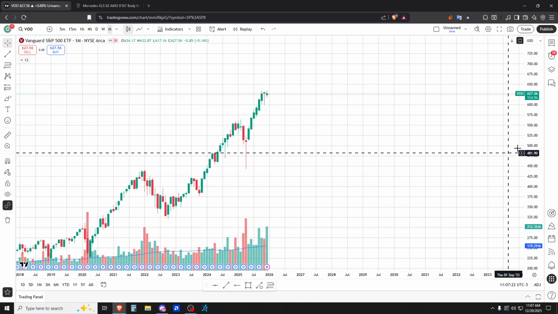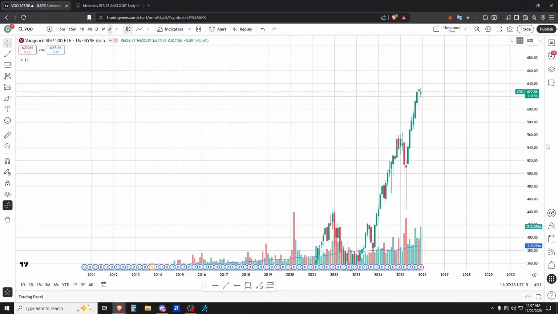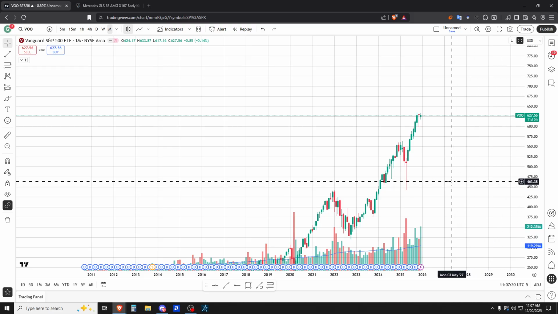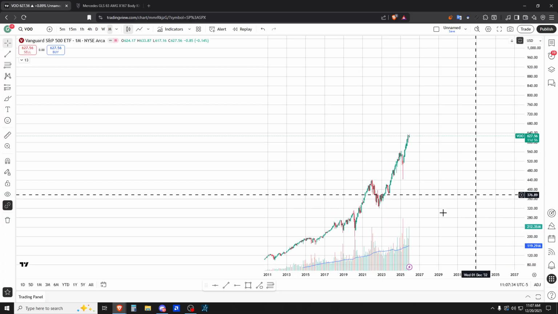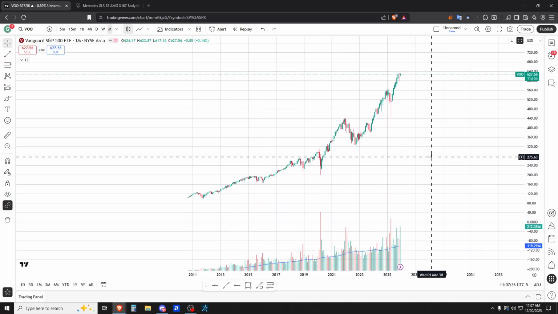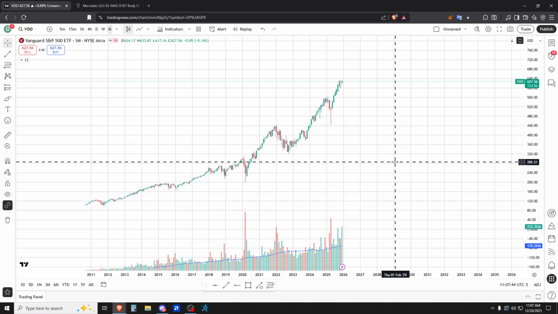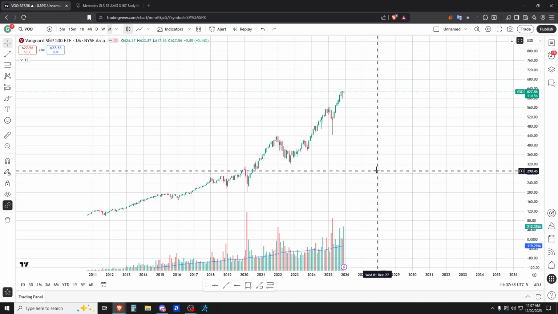But anyway, this is the monthly. It's 1 month. Nobody takes trades off the 1 month. The 1 month is just good if you're researching a stock and you want to see how it has been performing since it IPO'd. That's how I use it. That's about it for the monthly.